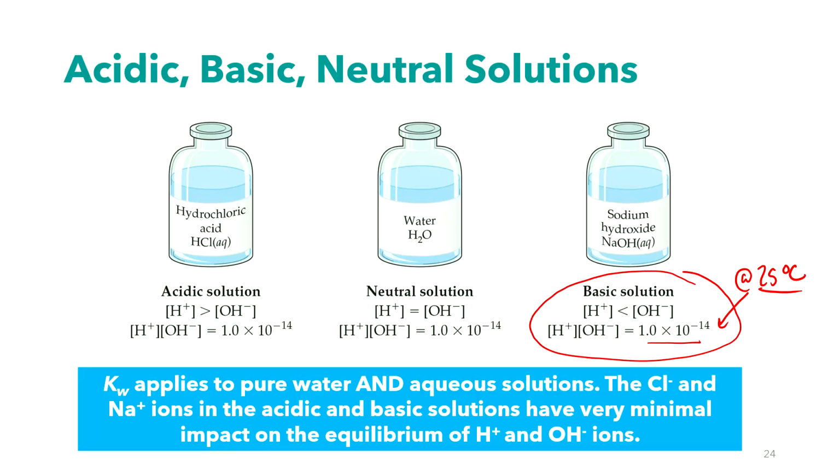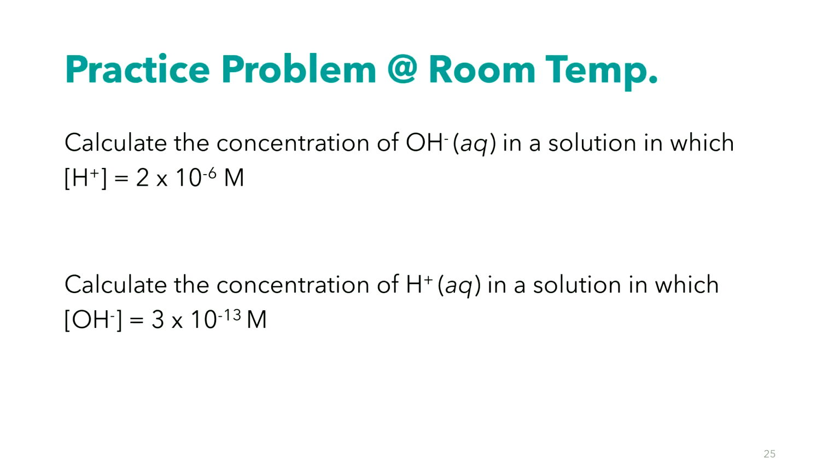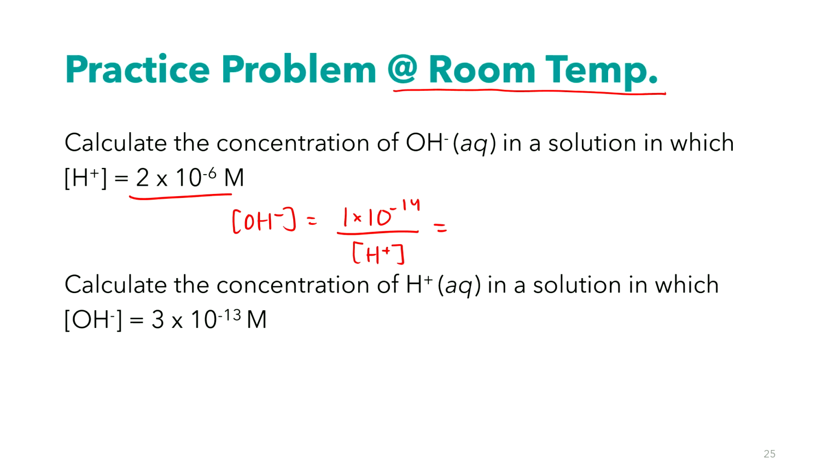So you could now get a question like this and answer it. Calculate the concentration of OH- in a solution in which H+ is 2 times 10 to the negative 16th molar. I think I wrote this after I posted the slides, but room temperature would be assumed. You can always assume room temperature, and on the exams we're usually pretty careful about including that. So OH- equals 1 times 10 to the negative 14th divided by my H+, which I have, so I plug that in, and you get that your OH- concentration is 5 times 10 to the negative 9th.